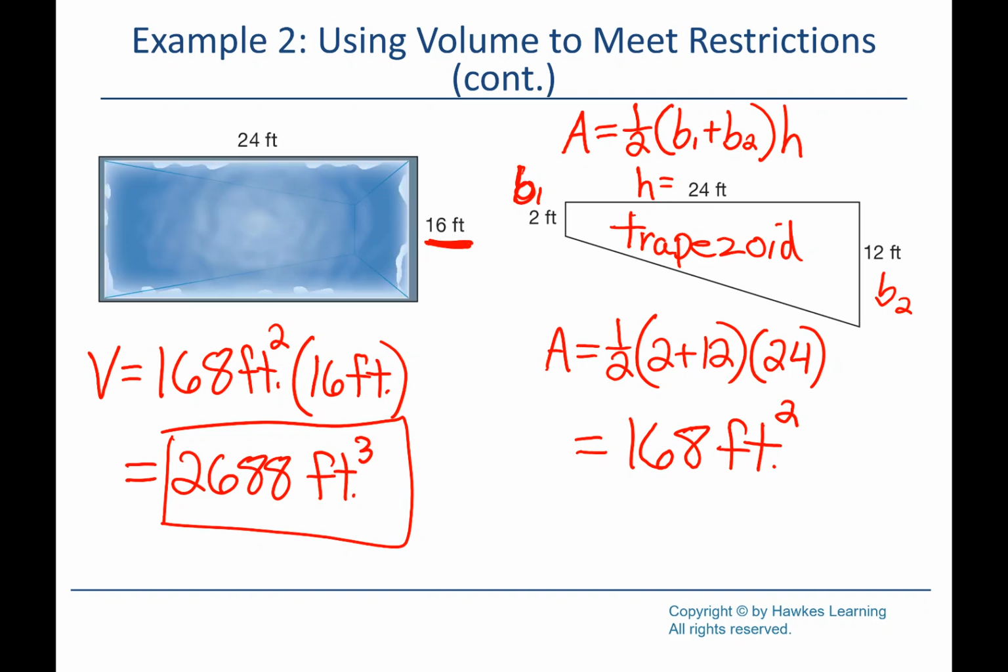Questions on that one? The squared, okay, so we started off by finding the area of the side view. So the square units come in from finding that area. And then we're multiplying through by the width. That's just one dimensional, so that's just regular feet. But when we multiply them together, we get the cubic units.